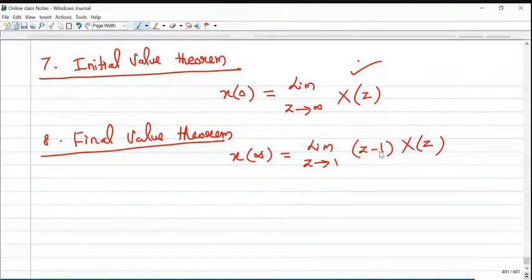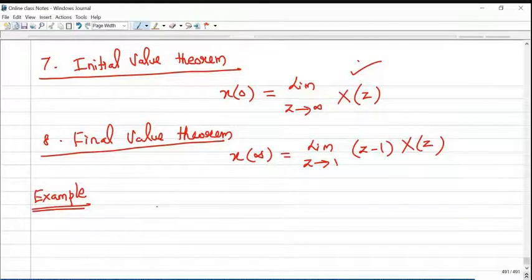I am giving an example for the final value theorem. In Laplace transform also we solved some problems.